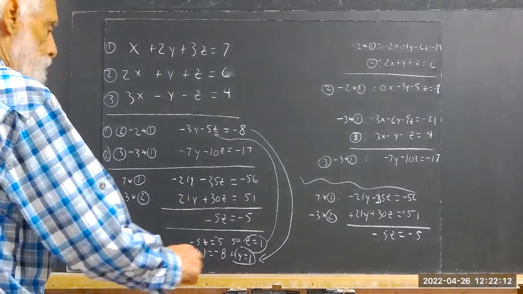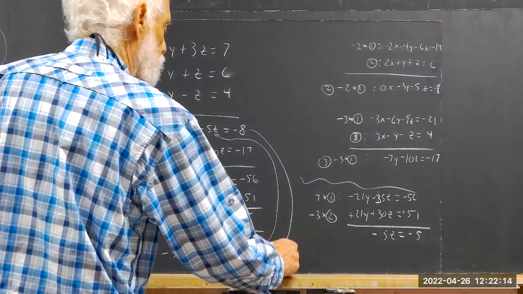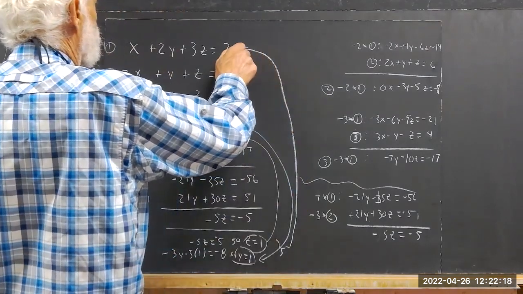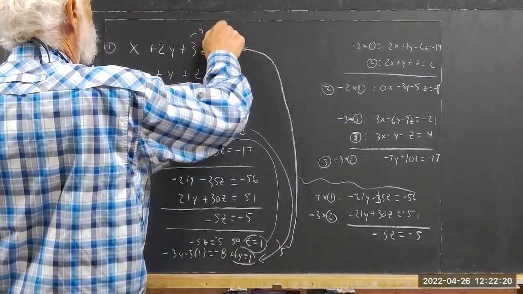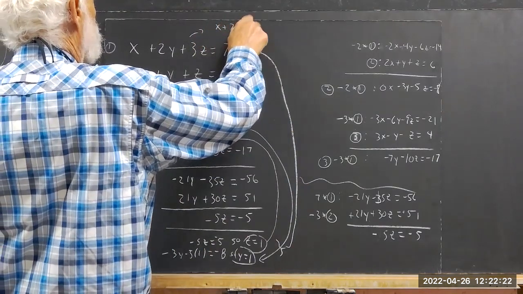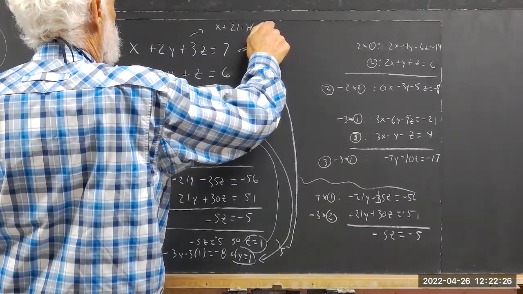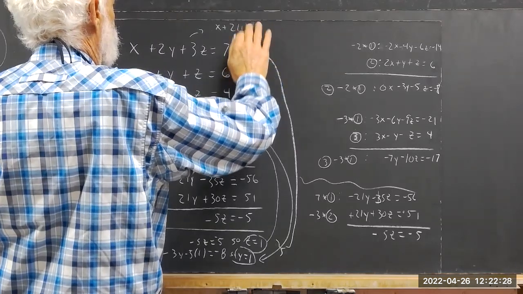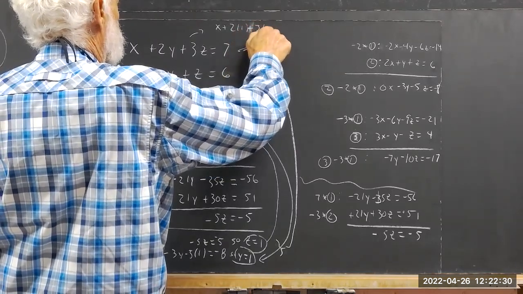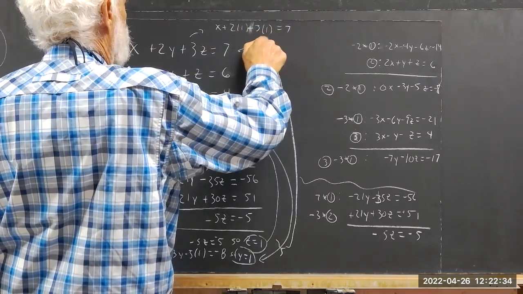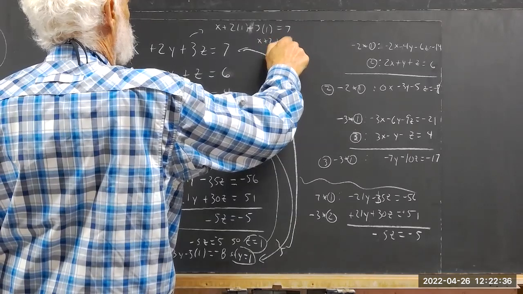Then I plug y and z, both equal to 1, back into the first equation. So I take both of these and plug them in up here. And that gives me x plus 2 times 1 plus 3 times 1 equals 7. That's x plus 2 plus 3 equals 7.